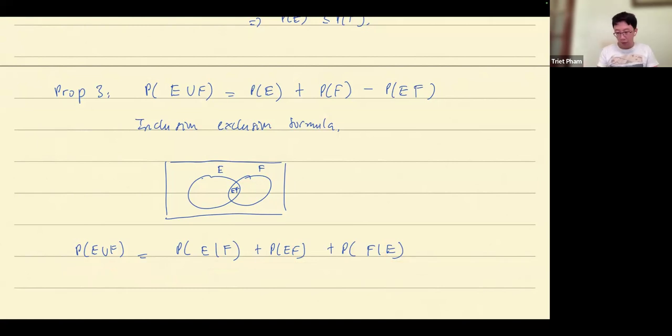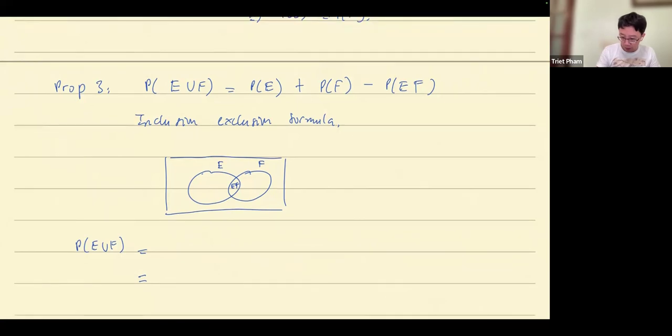And now how do I reconstruct the right-hand side? Well, easy, right? Because basically it's clear that this plus this is PE. So maybe let me just be even more pedantic and do the union so it's clear for you. So first of all, E union F is E but not F, union with EF, union with F but not E, in which case we can split.